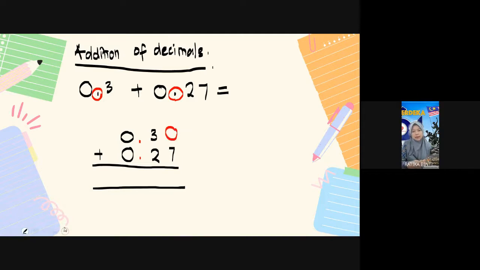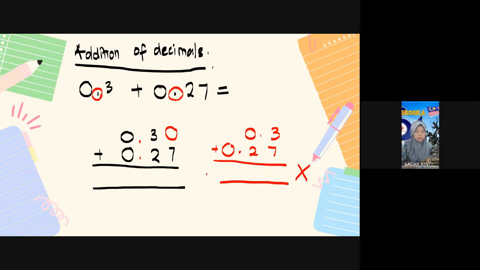Tak ada masalah. Okay. Some of you do it like this. 0.3, 0.27. This is not correct. This is wrong. You look at the decimal point. The decimal point is not aligned. Tak sama lurus kan? Tak sama lurus.